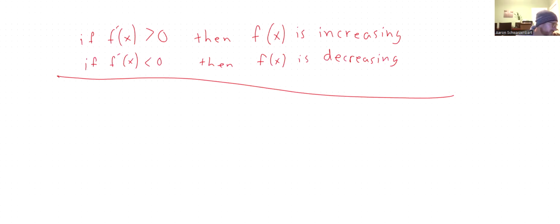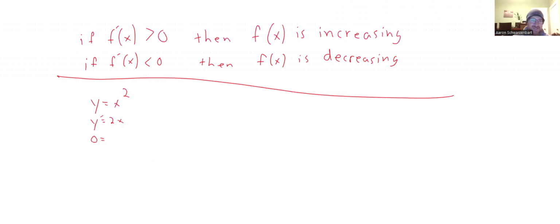So looking at the function y equals x squared. Y prime equals 2x. How I find my intervals of increasing or decreasing, I gotta find where it's 0. Because where it's 0 is where it's going to switch, theoretically, or potentially touch.